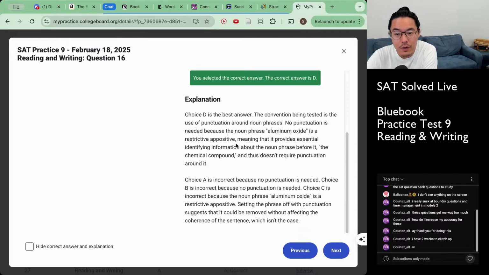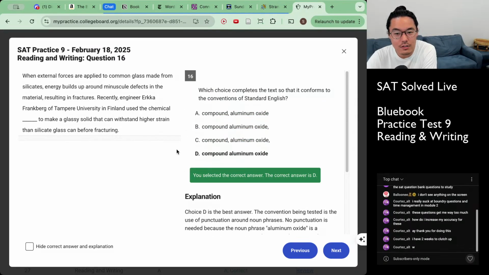You could think about it that way, but the typical way of thinking about it is to think about the aluminum oxide as the actual subject, or in this case, the object. Frankberg used aluminum oxide to do this other thing, right? No commas on either side of that, obviously, because that's just our object.